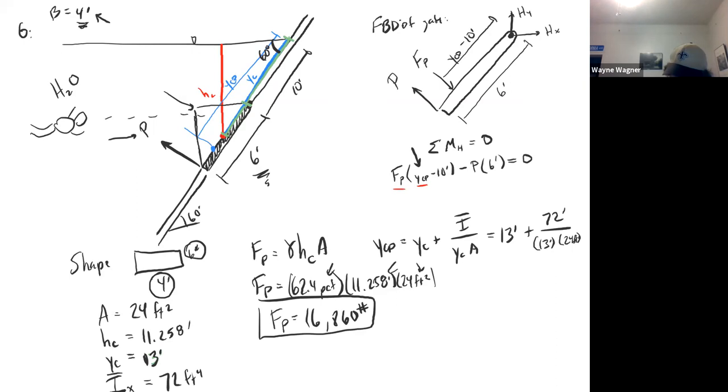So we've got feet to the 4th divided by feet cubed, so we get feet for that. YCP equals 72 divided by 13 times 24. That's a pretty small number. We get 13.231 feet.